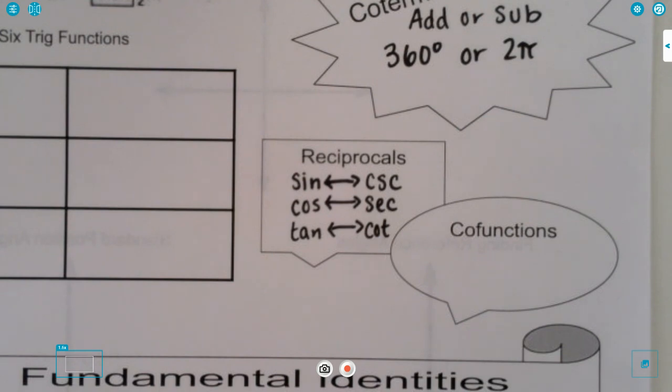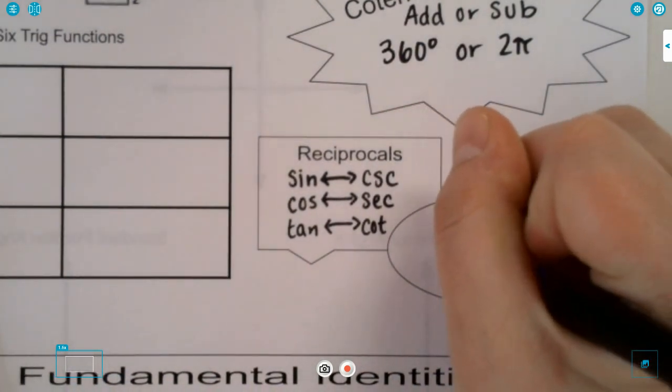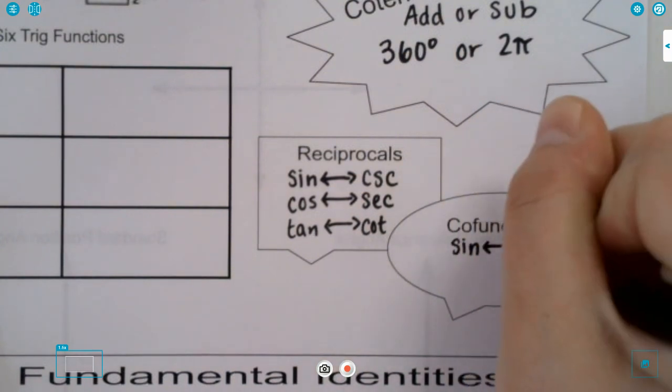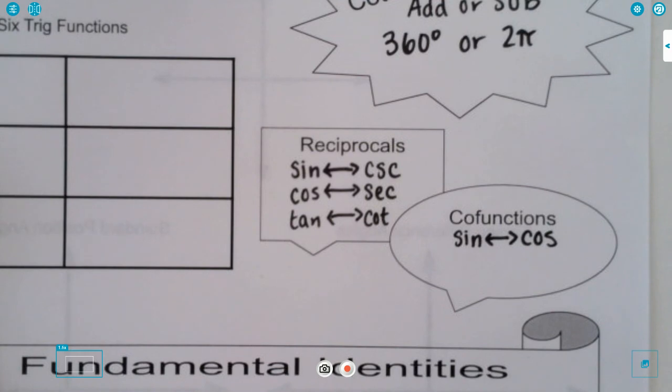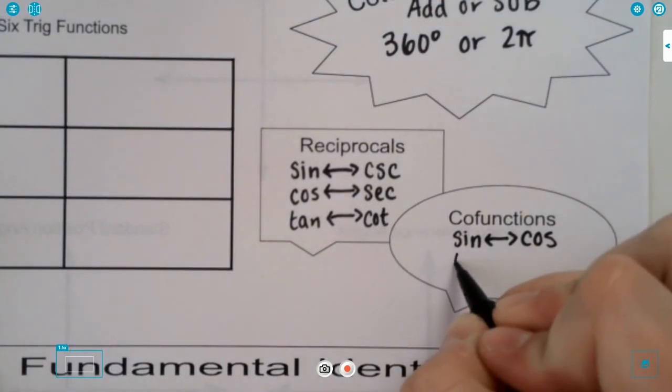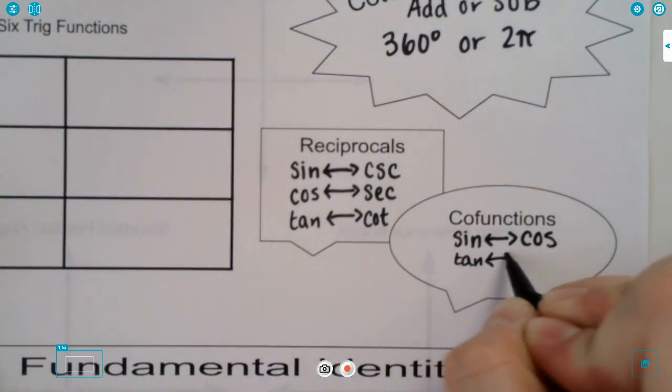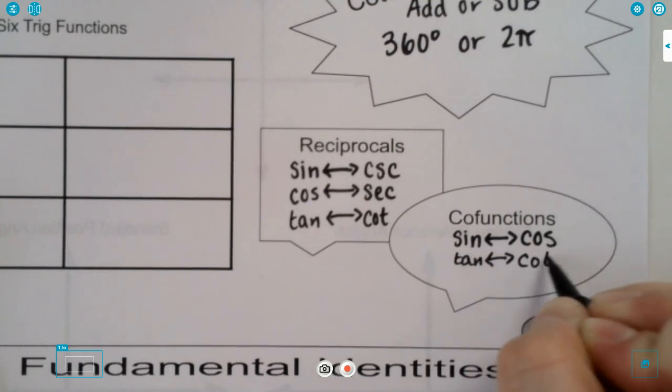Okay. Cofunctions are the ones that have the word co in front of them. So sine is a cofunction with cosine. Tangent is a cofunction with cotangent.